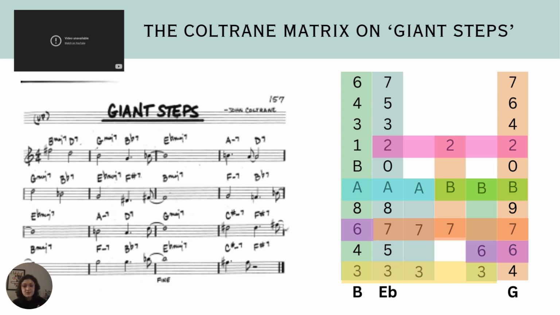So pitch 2 fits into G and E flat, pitch 3 fits into E flat and B, and so forth. But you'll notice every single note that happens in a triad has 2 places, but not 3 within the mode.